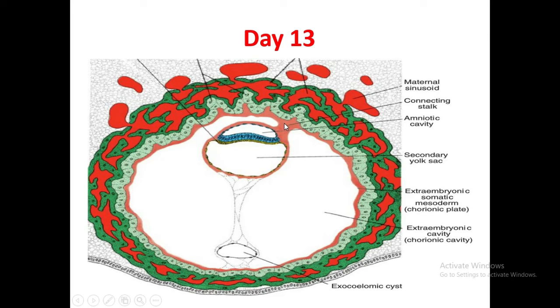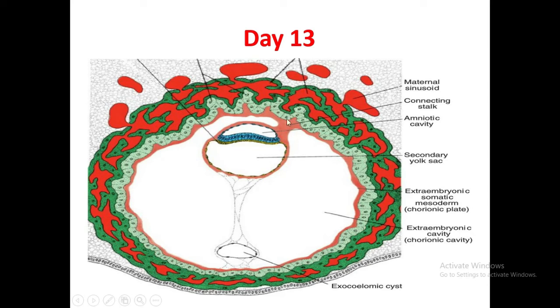The part of extraembryonic mesoderm connects the bilaminar germ disc, the amniotic cavity and the secondary yolk sac cavity to the trophoblast. This portion is known as the connecting stalk, which will later become the umbilical cord.